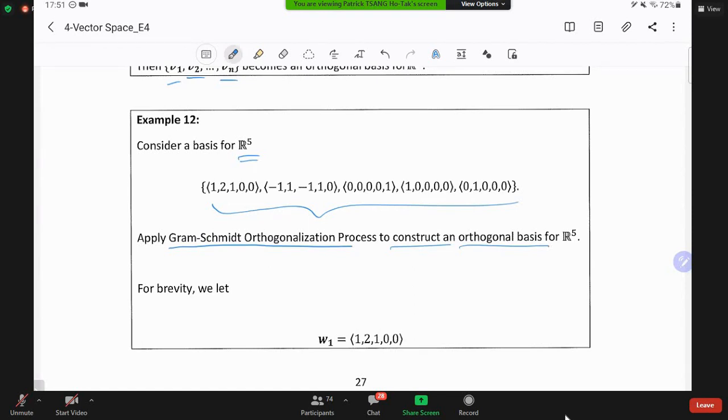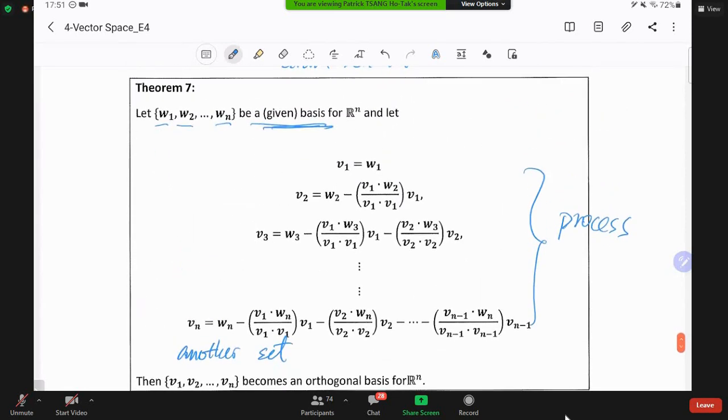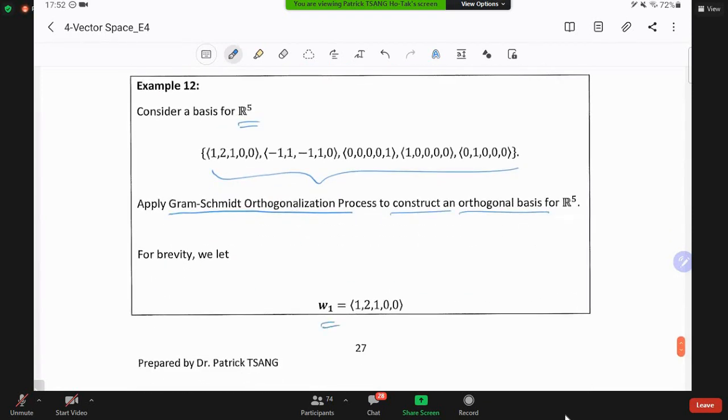For simplicity, I may need to work out some initial setting, or to name some vectors to begin with. As usual, we may adopt something similar. For example, I use W1, W2 until Wn to denote the vectors in the initial given basis. So I use W1 to denote the first vector.